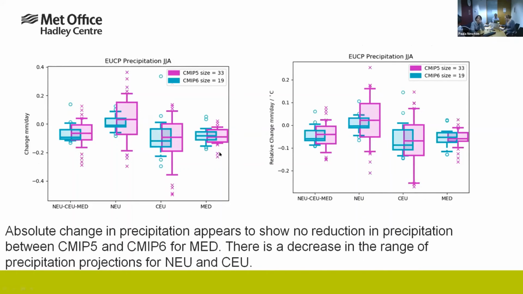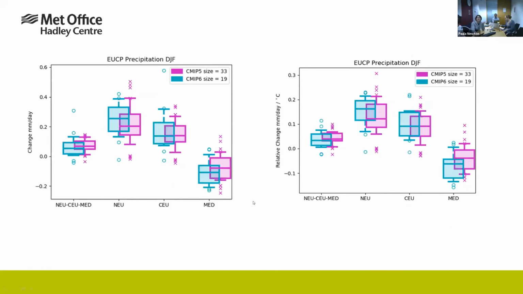I'm not quite sure why that is, whether we've got baseline differences between the two that need to be looked at, but the absolute differences in precipitation change in the projections aren't that great for the Mediterranean. Again, we've just got this reduced range in the Northern European region. Sorry, that's for the winter, but I might skip over that in the interest of time.